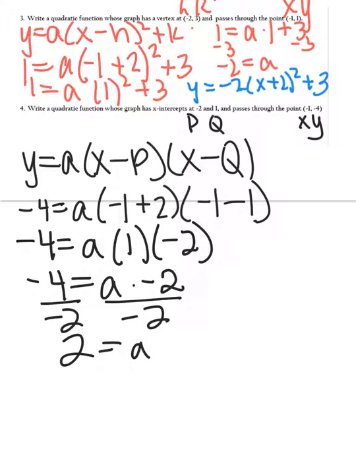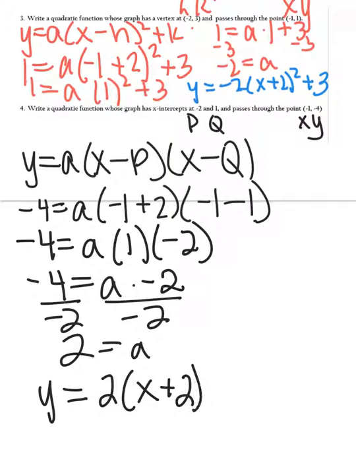No, looks right. I think I got my right sign on there. So my equation is y equals, a is 2, and then the quantity x plus 2, because mine's a negative, becomes a positive 2, and then x minus 1.